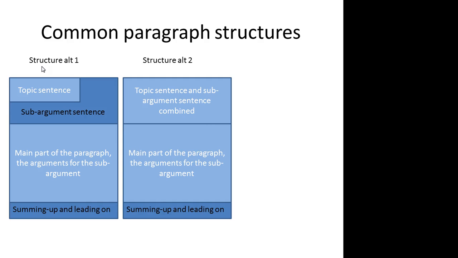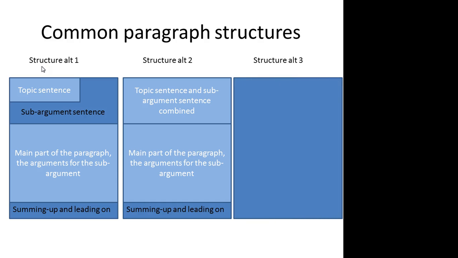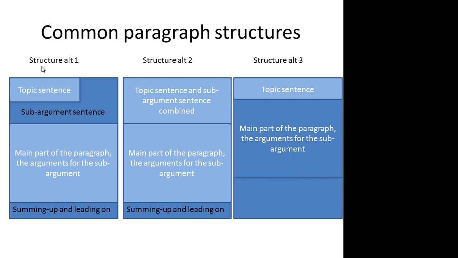And then you can also do it in a third way, where you start with the topic sentence: this thesis is about type 2 diabetes. And then you give the main part, which is all the statistics, that so and so many are afflicted, it costs so much, this is changing over time.